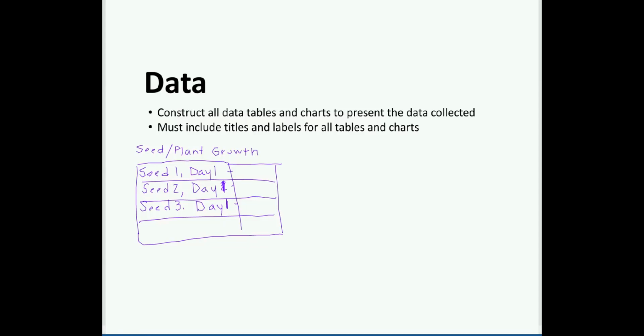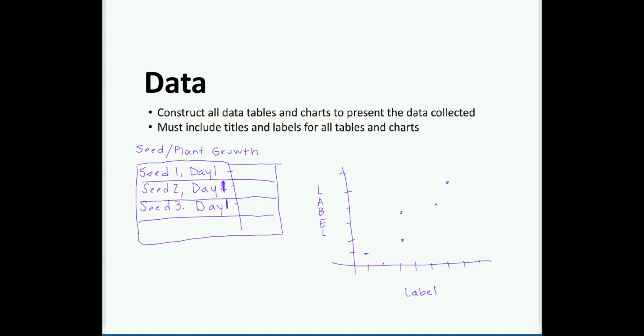If you make a graph, let's say this is our data. You're going to want a label here, a label here. You want to make it on the computer so it's nice and tidy.